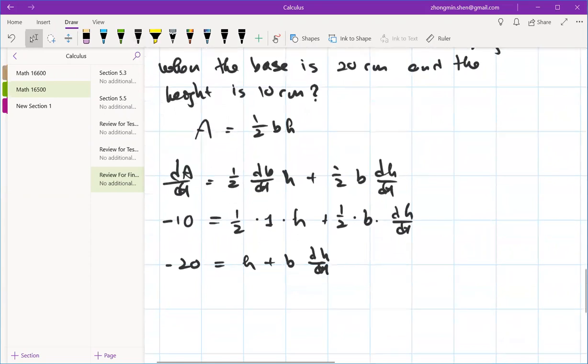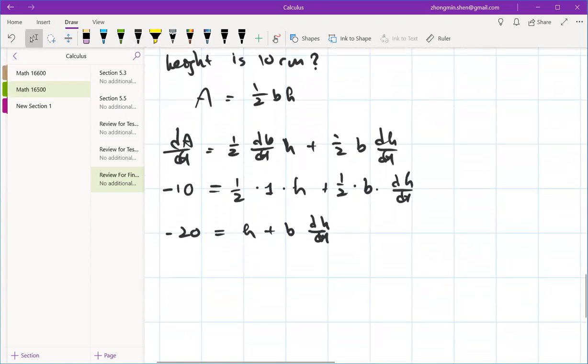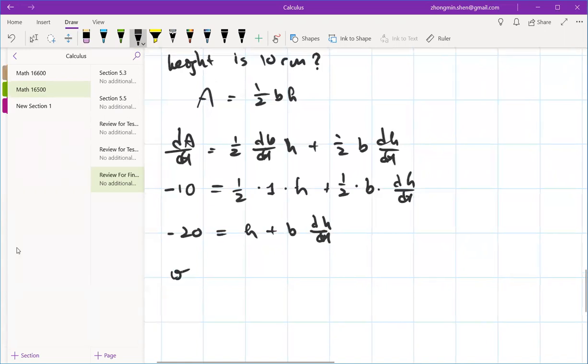Okay. So this is a general identity. In general, you cannot uniquely determine the derivative of h with respect to t, because that depends on h and t. So at the moment, this is the only moment you can put in a specific value.